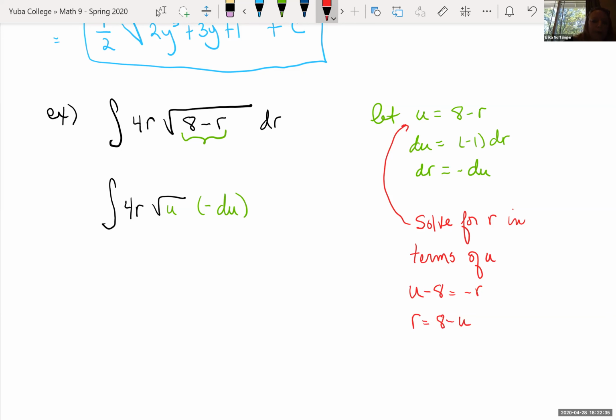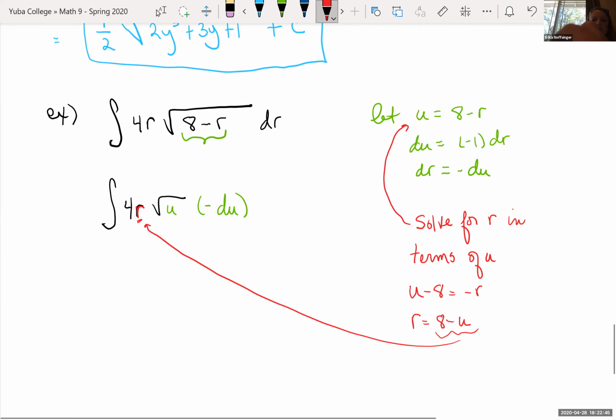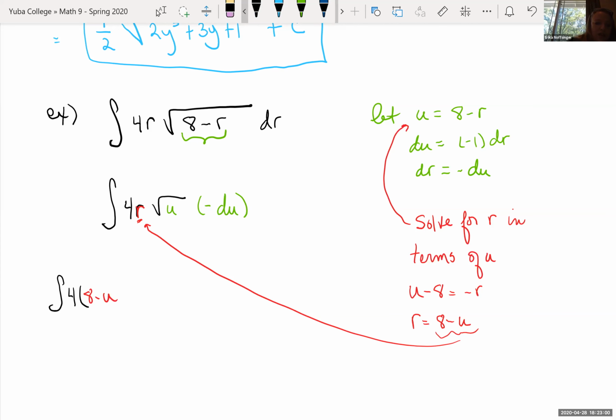So if we go back up here now, we can replace what r is in terms of u. So doing that, we now have the integral of 4 times r, but r was 8 minus u, all times the square root of u.